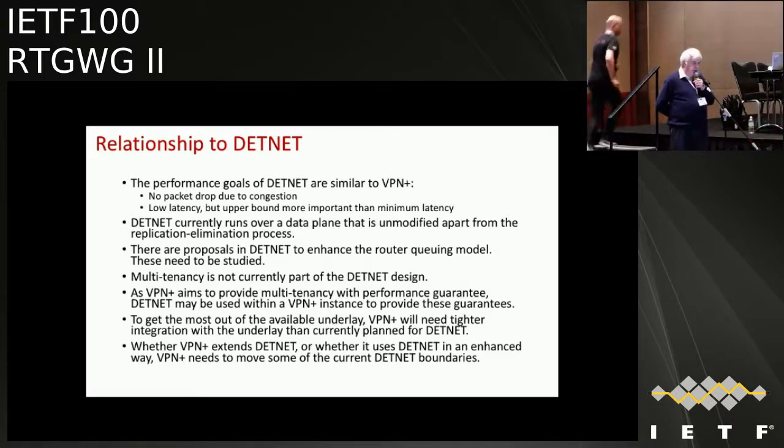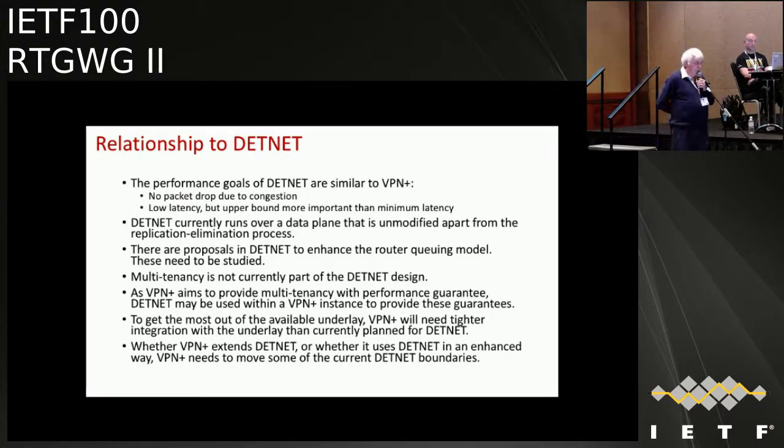Multi-tenancy concerns us because it is not fundamental to deterministic networks, and yet we need the characteristics of multi-tenancy in terms of much harder isolation. One of the things we can do is to create an instance and then run DetNet over it, but we don't think we can do it the other way round.